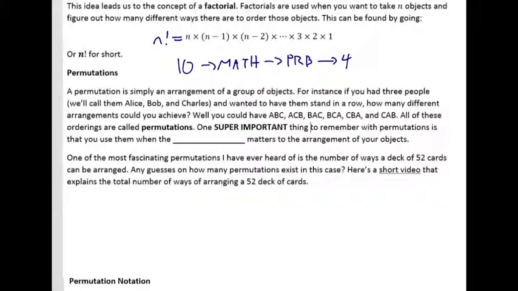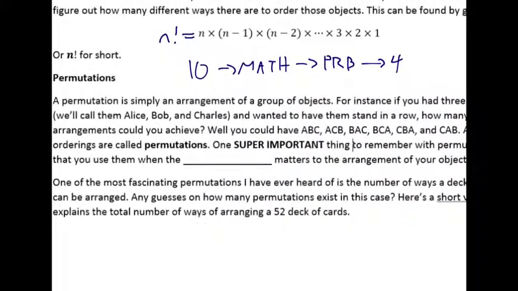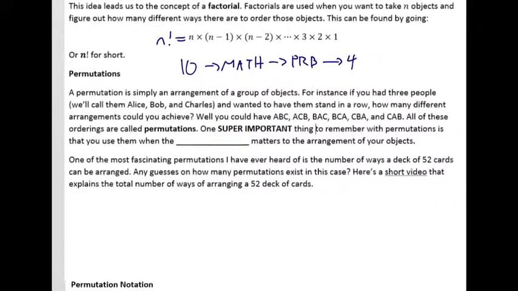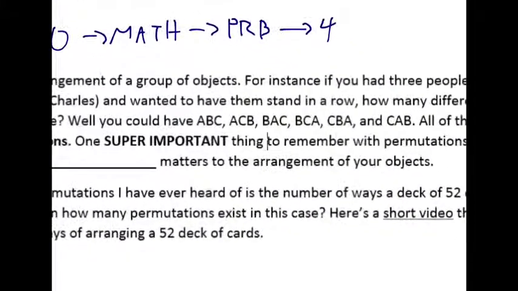So if we had 3 people, we'll call them Alice, Bob, and Charles, and you wanted to stand them in a row, how many different arrangements or permutations can you have? Here are the options, so I wrote them out for you: ABC, ACB, BAC, BCA, CBA, CAB.